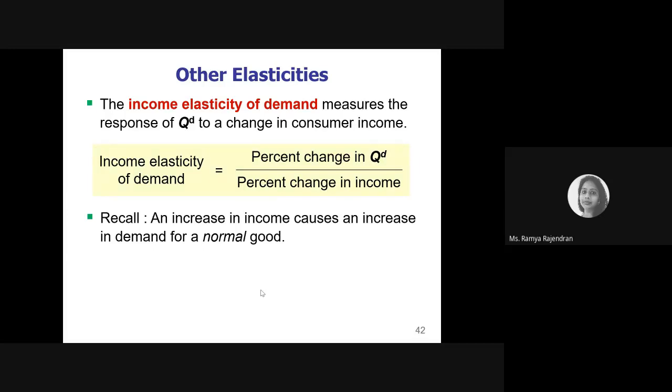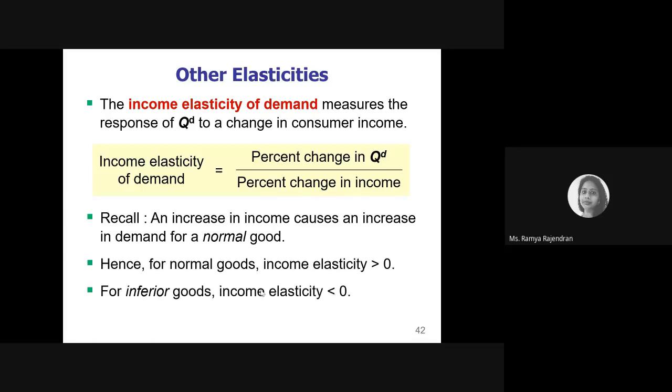But if it is an inferior good, a product with a lot of defects, people will never buy it even though they have more money. So an increase in income can cause a decrease in demand for an inferior good. For inferior goods, the income elasticity is less than zero, but for normal goods, it is greater than zero.